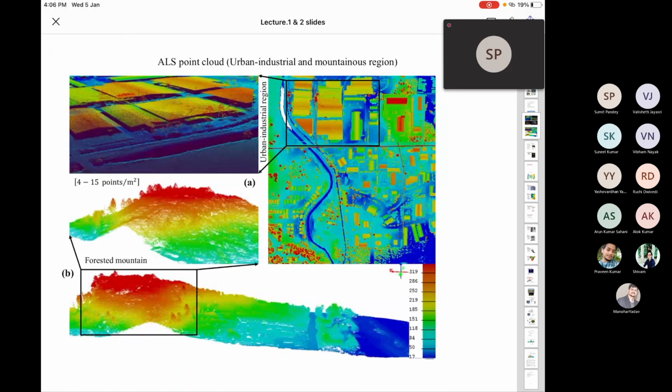And in this case, the data is acquired using airborne laser scanning. The point density is less compared to other LiDAR systems because in this case, it is operated at a higher altitude. So you can see the first figure represents an industrial area and a water canal over there, while the second figure represents this forested mountain.